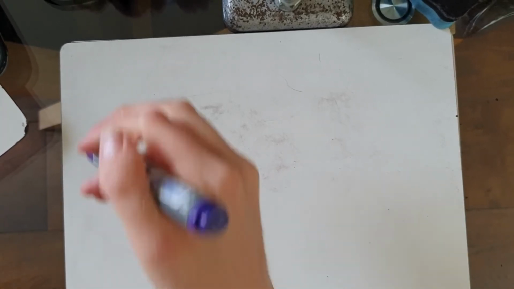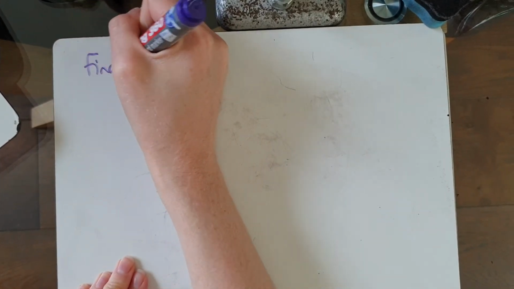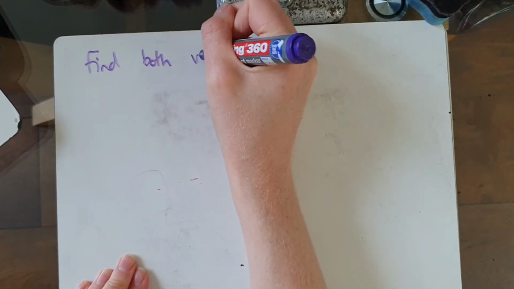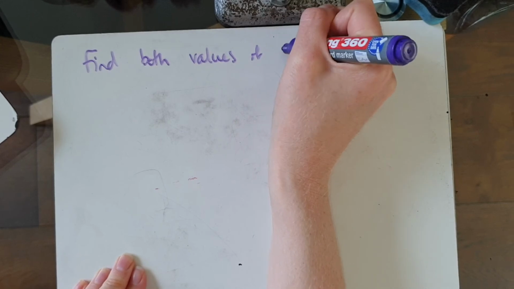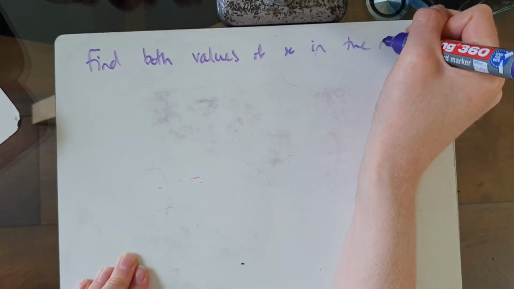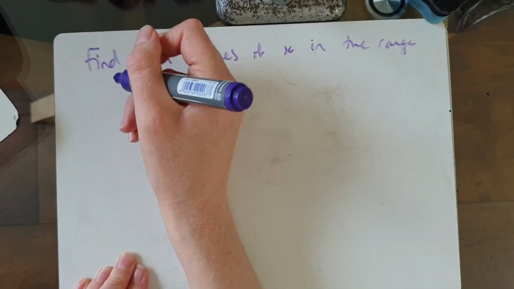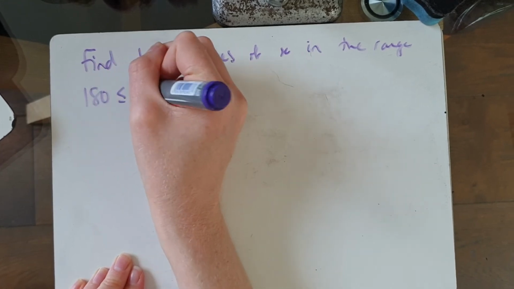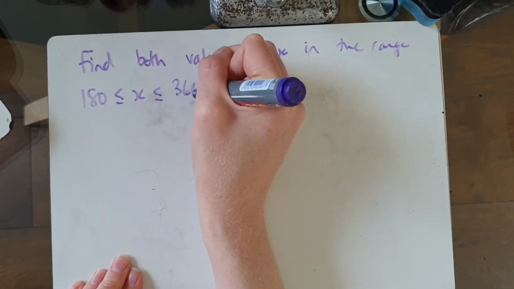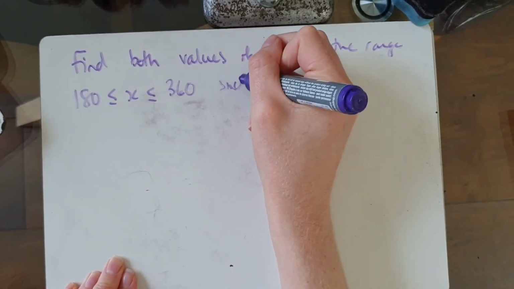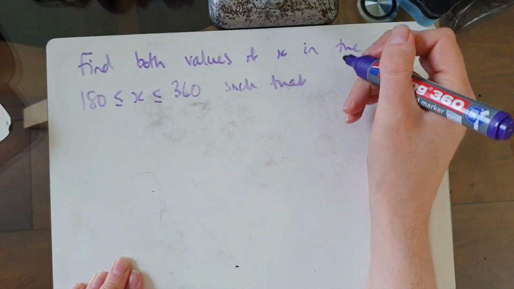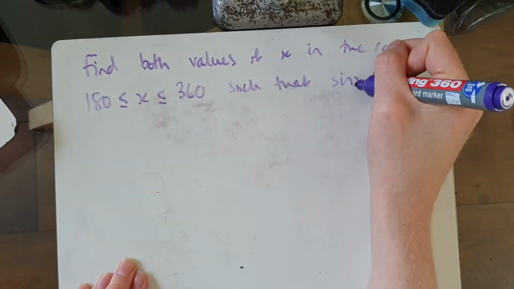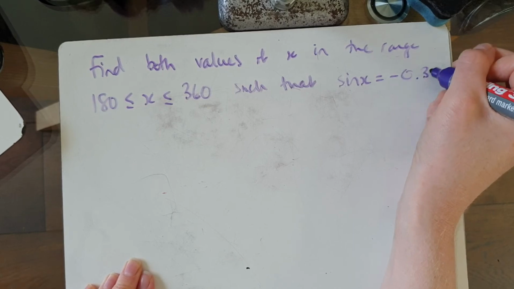For the next example I'm going to do, this is actually question 2a on the sheet I've put up, and it is finding both values of x in the range 180 to 360 such that sine x equals negative 0.36.